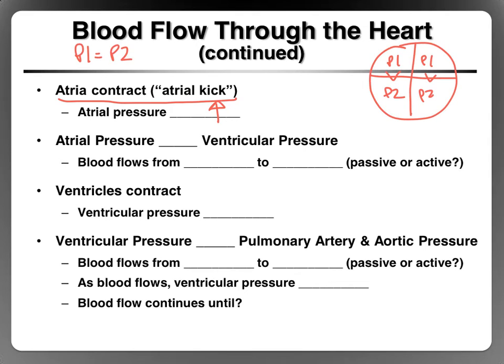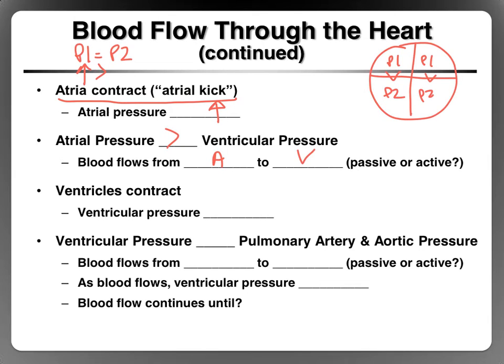So atrial pressure is now rising. That's P1. So again, we have a pressure gradient where the pressure in the atria is greater than the pressure in the ventricles, and this is going to allow additional blood flow from the atria to the ventricles.